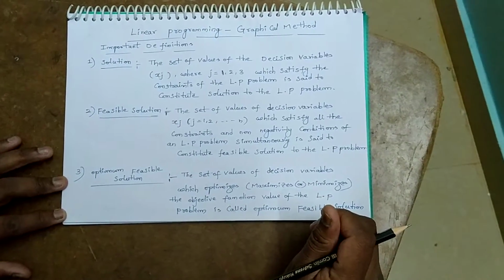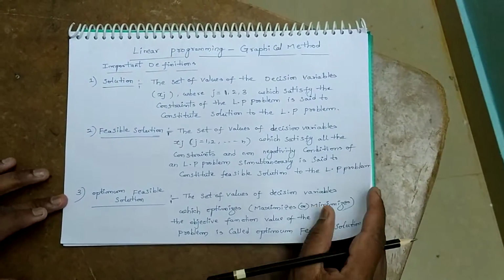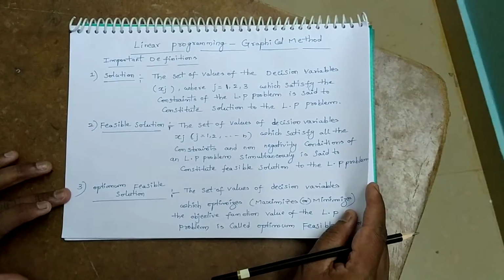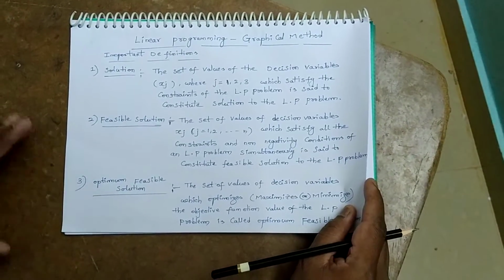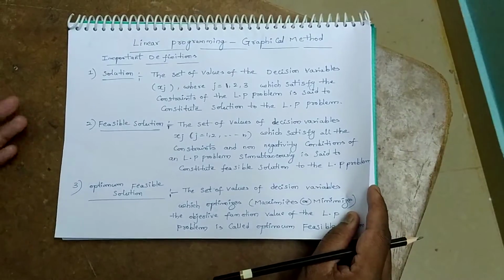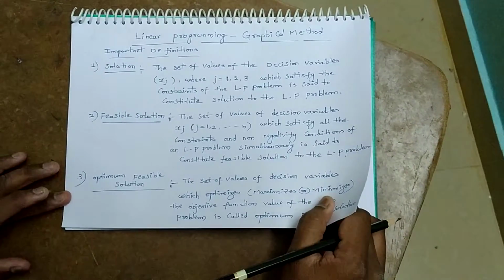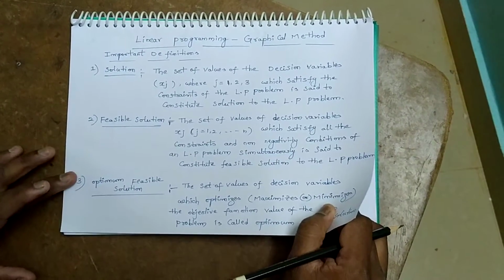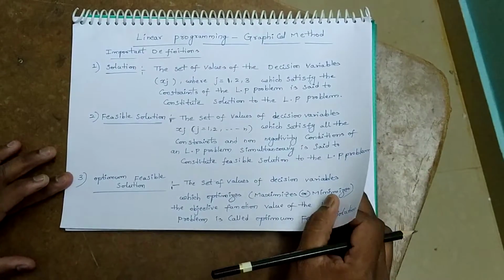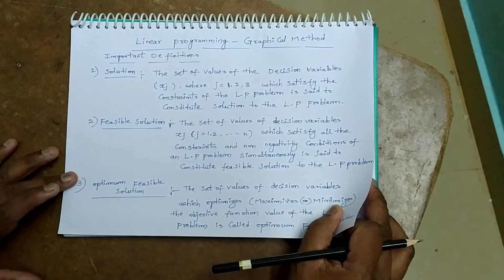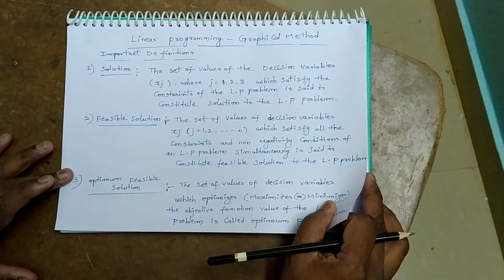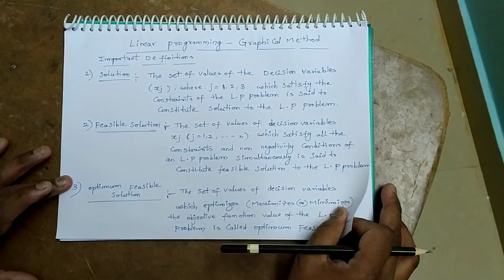The step-by-step graphical method procedure was already given in the previous class. As a continuation of yesterday's class, today I am going to discuss three important definitions, followed by an analytical problem using the graphical method.